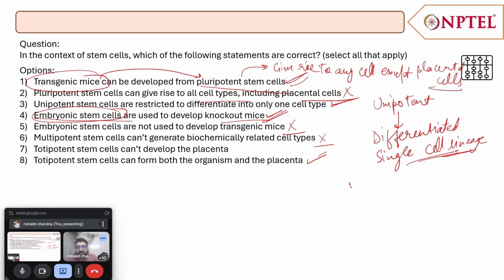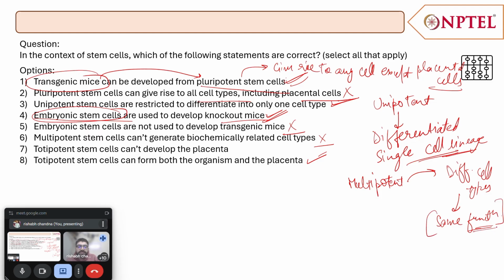Multipotent stem cells basically develop different cell types that have the same function. So similar function cells can be developed from the multipotent stem cells. Okay, so this is false.